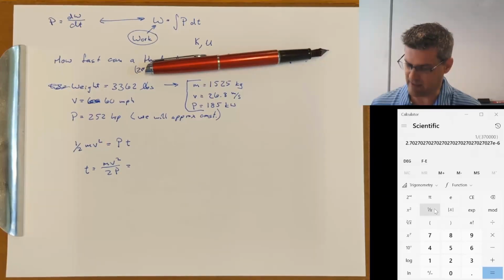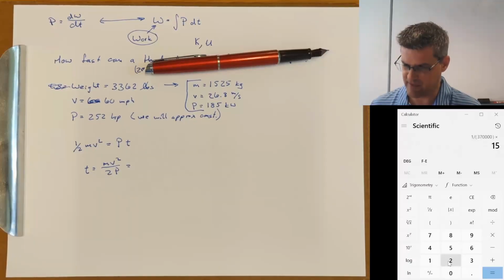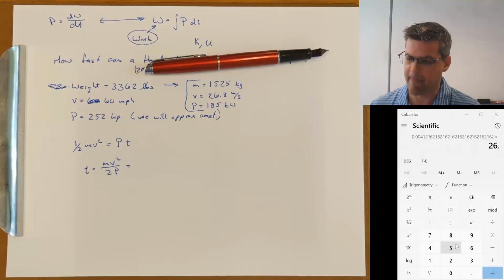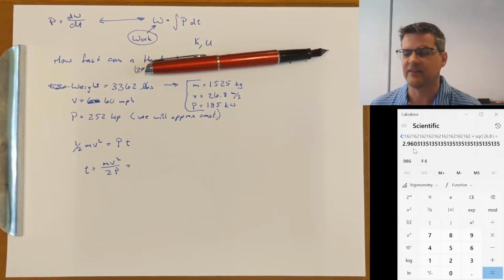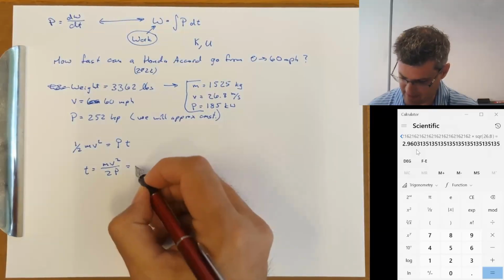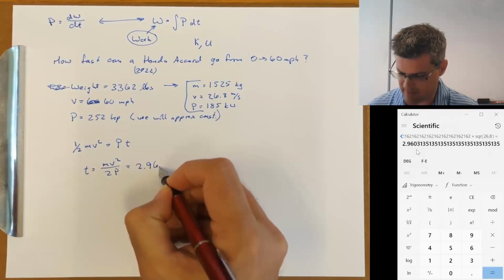Let's put that in the denominator. Multiply by the mass, which is 1525, and multiply by the velocity squared. So times 26.8 squared. I see 2.96 seconds.